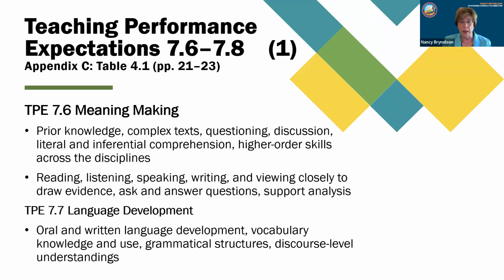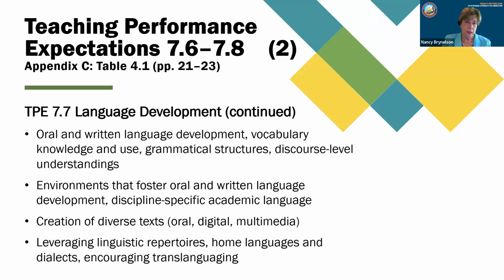So we're talking everything from structures of sentences, how they're put together, and then how text is put together, those discourse level understandings. And in the framework, those sections within each of the grade level chapters address these topics.